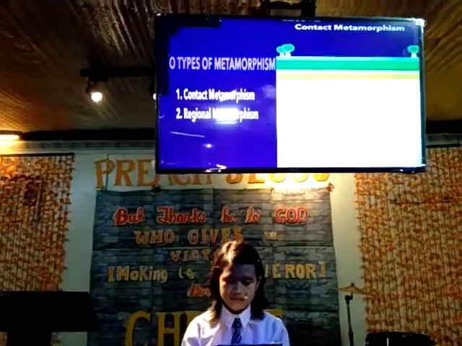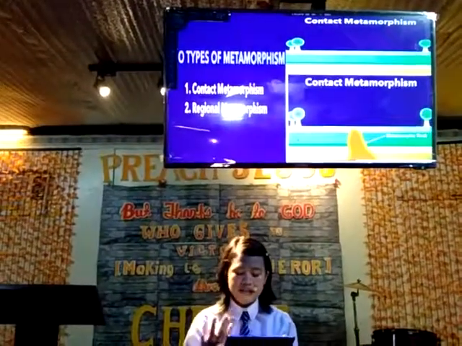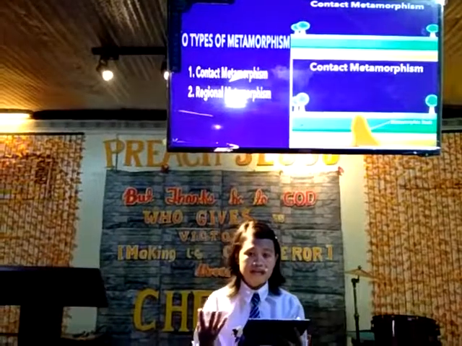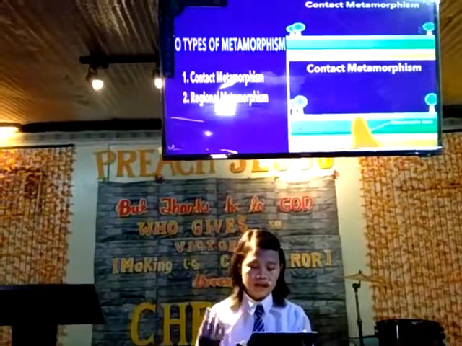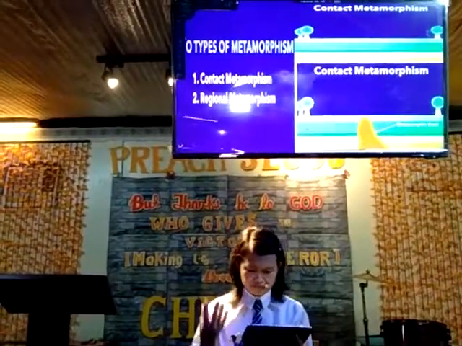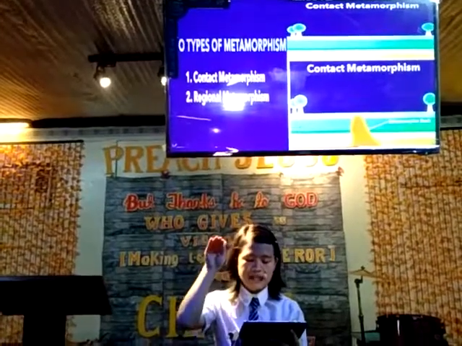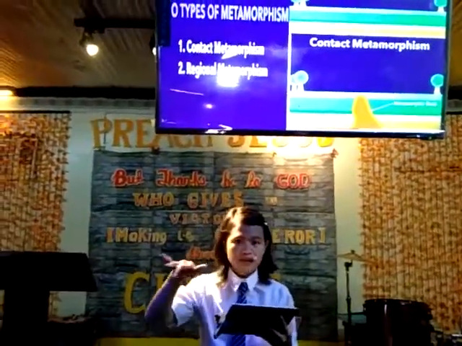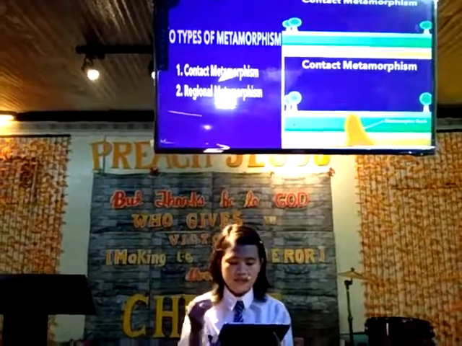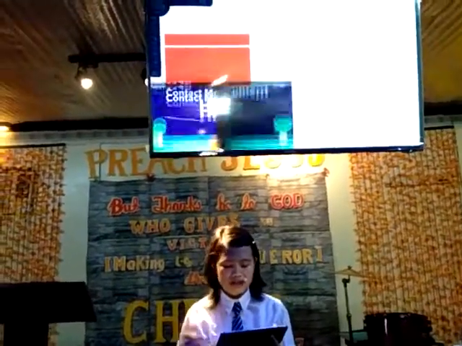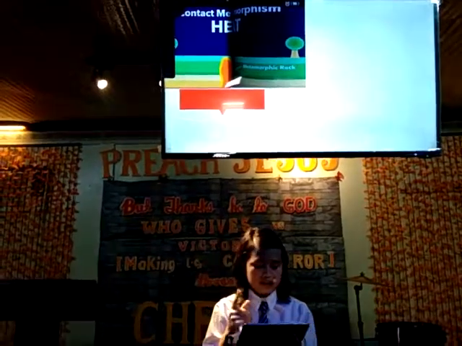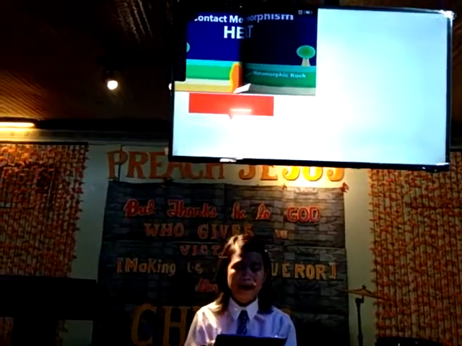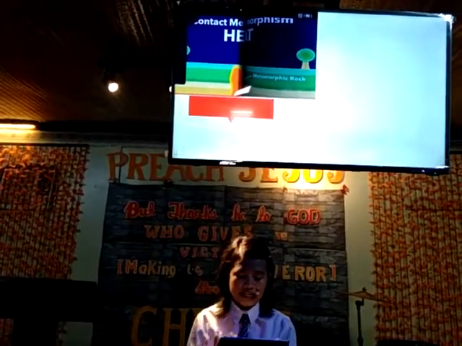Contact metamorphism is when lava flows from the seabed or the land, as in an eruption. That's what you call contact metamorphism. Contact metamorphism is about intense heat.